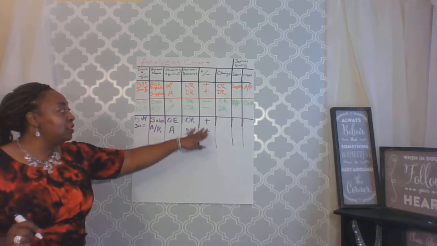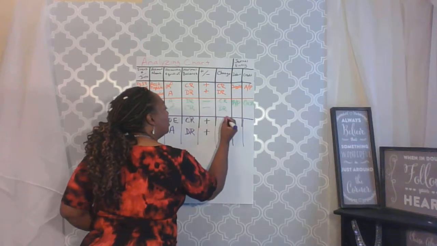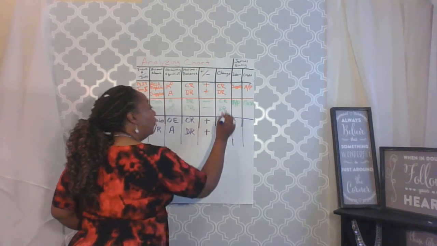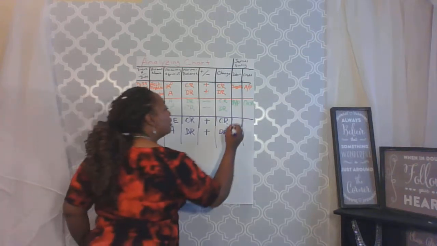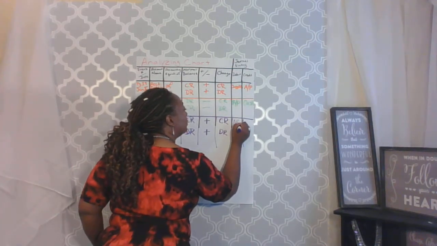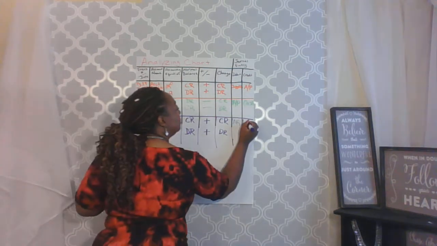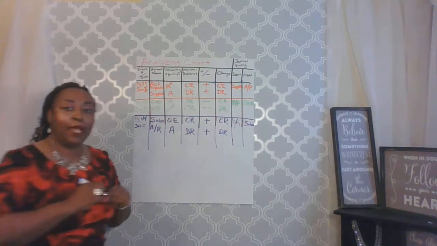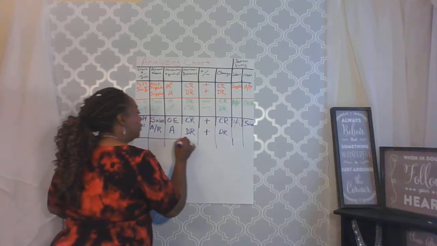When it's a plus, we keep the same as the normal balance. So this is a credit. This is a debit. We always write our debits first. So what account do we debit? We debit accounts receivable and we credit sales. Okay. So that is how you analyze that transaction.